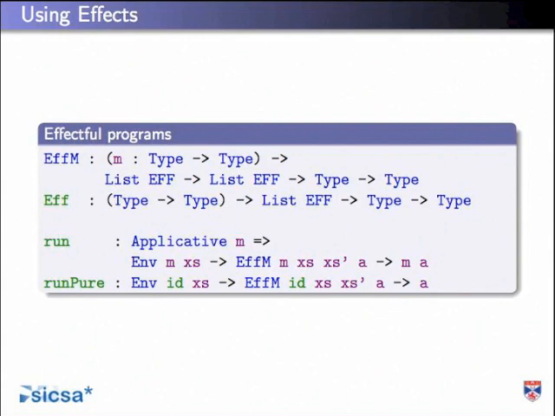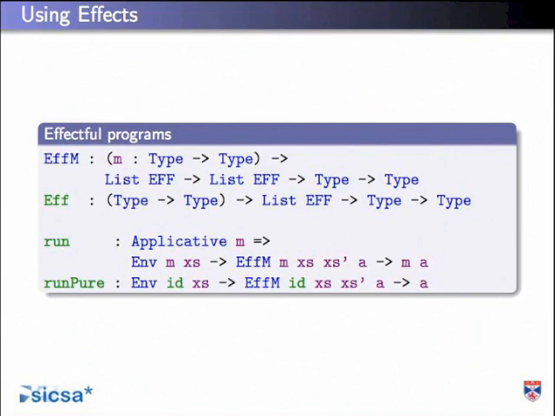So it's going to get run in the context of this M. Now, the name M is suggestive of monads, isn't it? These M's don't have to be monads. They can be anything that happens to be from type to type. So one useful thing that goes from type to type is the identity function, for example. So you could perfectly well translate your effectful programs into something that runs in a pure setting just by sticking id here.